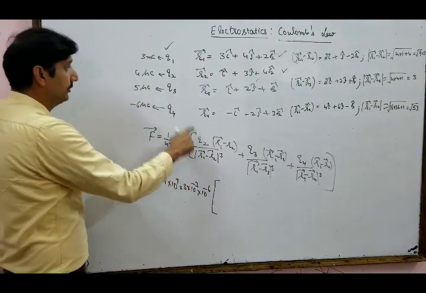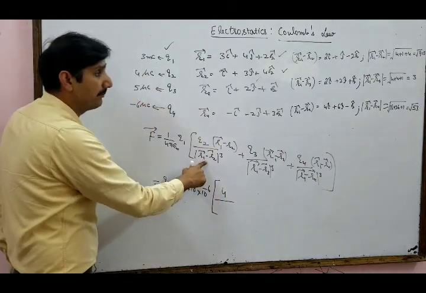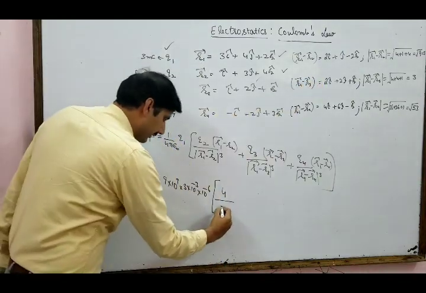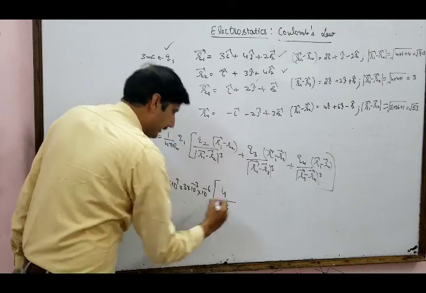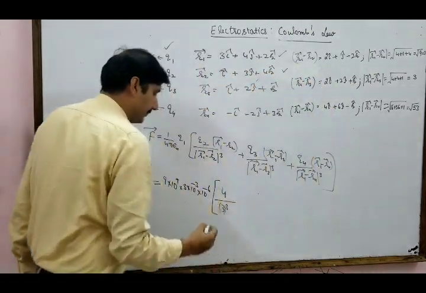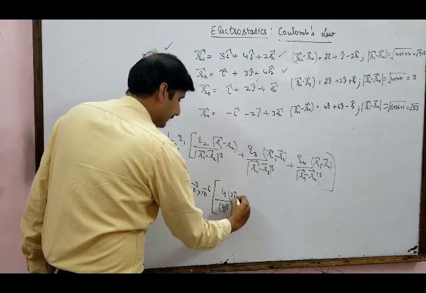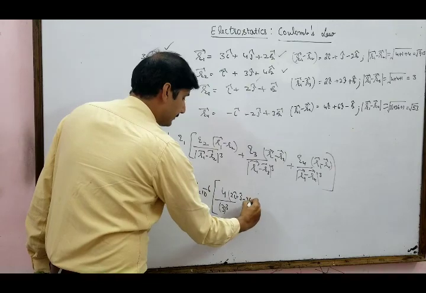And then Q2 is 4 divided by the magnitude, which was 3, so it is 3 cube, into the vector 2i cap plus j cap minus 2k cap.